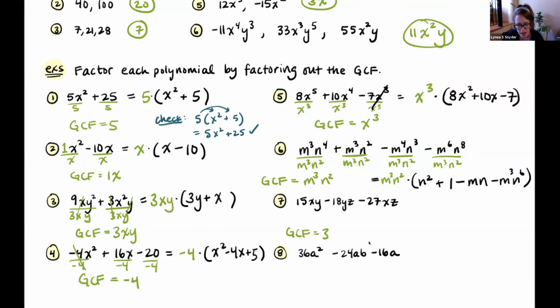Okay, then we've got XY, YZ, and XZ. There's 3 different letters here, and it doesn't look like any one of those is present in all 3 of the terms. And so I think we're just done with the greatest common factor being 3. So let's divide each of the terms by 3 and see what we get.